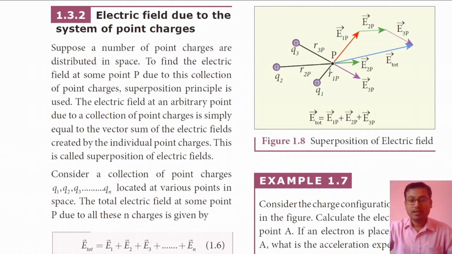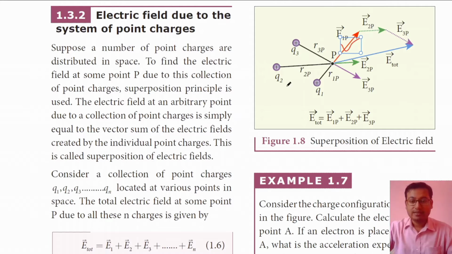That means Q1 and a source charge at P will repel each other. In that situation, the direction of electric field will be in the direction of this red color arrow, and the electric field will be E1P.